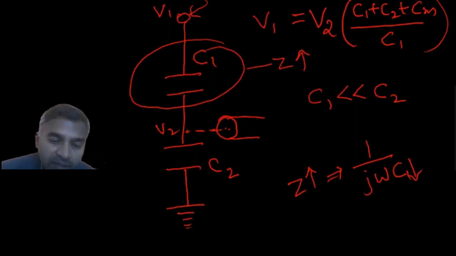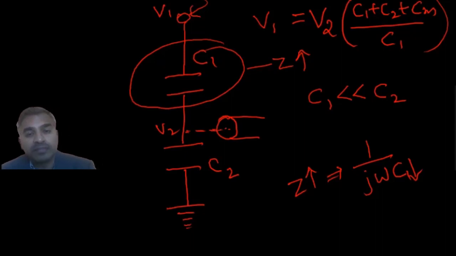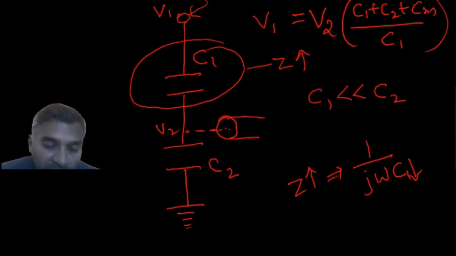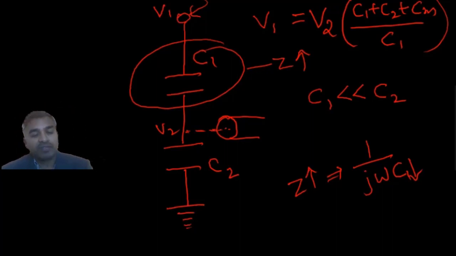But C1, the value is also very much less than C2. How can it be achieved? Sir, actually it is A naught by D. D is inversely proportional to the capacitance, so D should be more for C1.